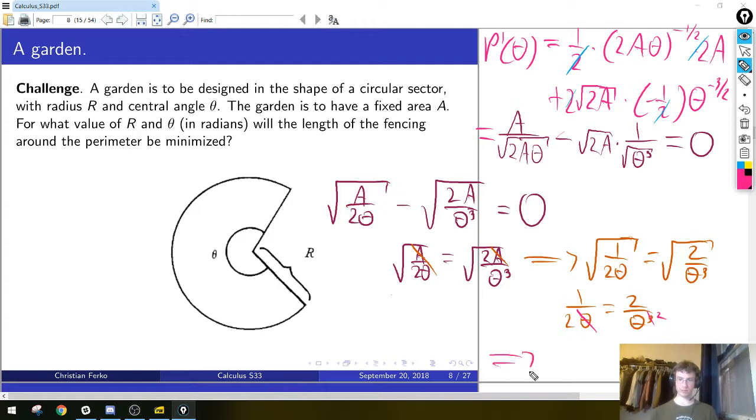So I think we're almost done. Move the theta squareds to both sides. Theta squared equals 2 times 2, which in most countries is 4. Since we want theta to be positive, theta should be 2 in radians. Theta's 2 radians.